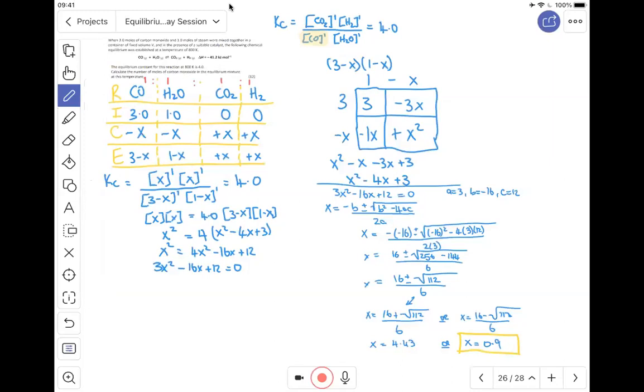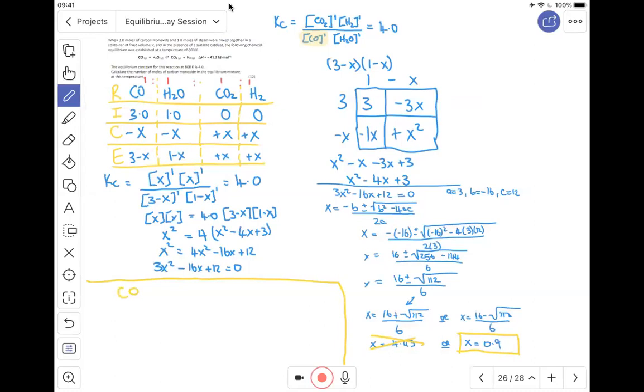It cannot be the 4.43, because if we put in the 4.43, that will give me a negative concentration at equilibrium, which is physically impossible. So now that we have that, we can go and find our equilibrium concentrations. So what I will be doing is rewriting out my equation here.